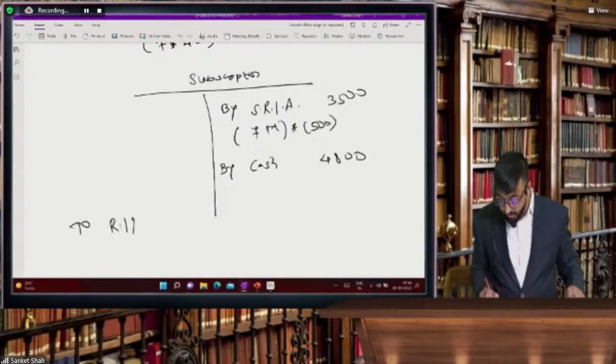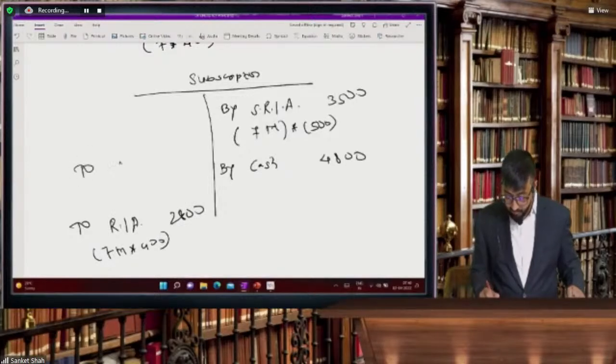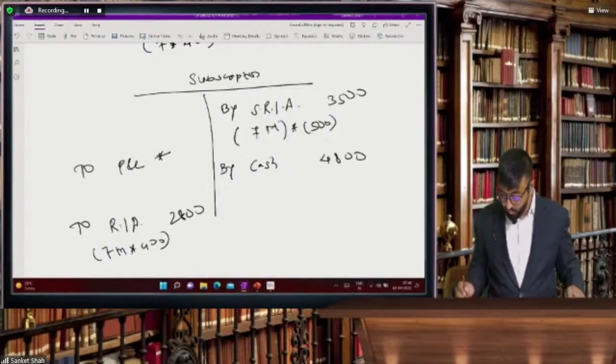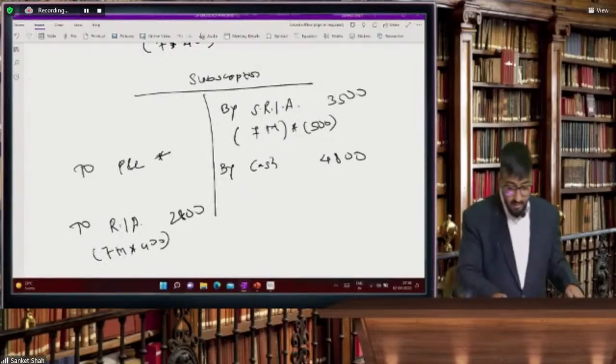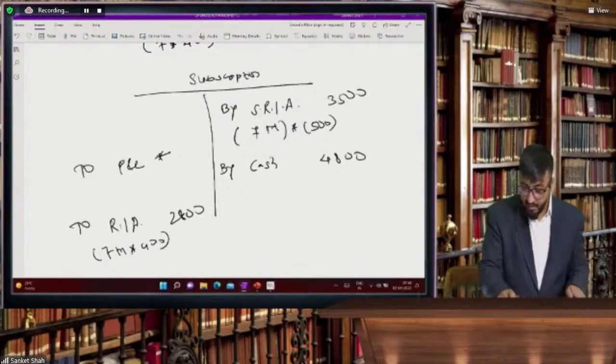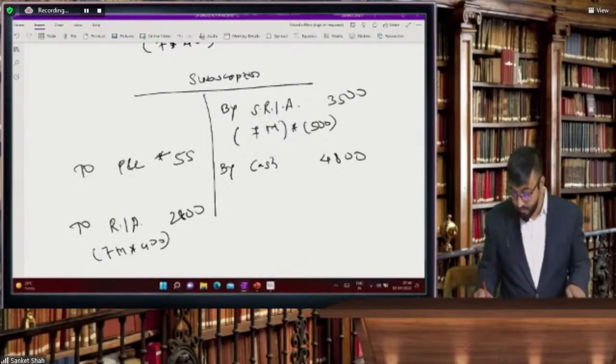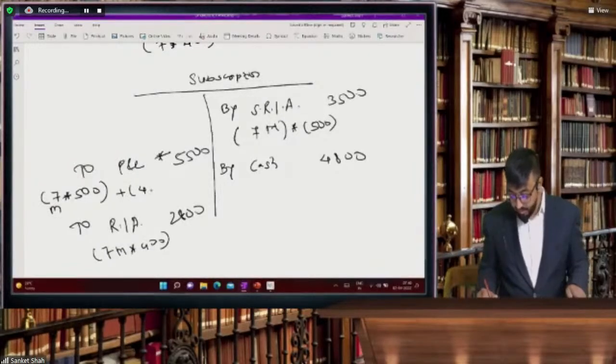To received in advance, 7 months into 400, 2,800, and to P&L account. So what is the balancing figure? Yes, 4,800 plus 3,500 minus 2,800, so this is 5,500. And how to cross tally it? 7 months into 500 in the current year and 5 months of the next year.